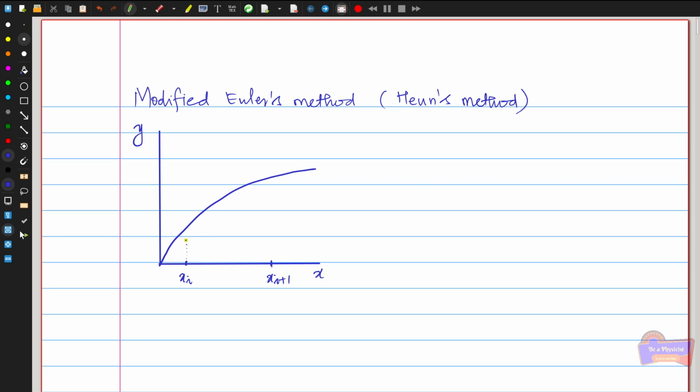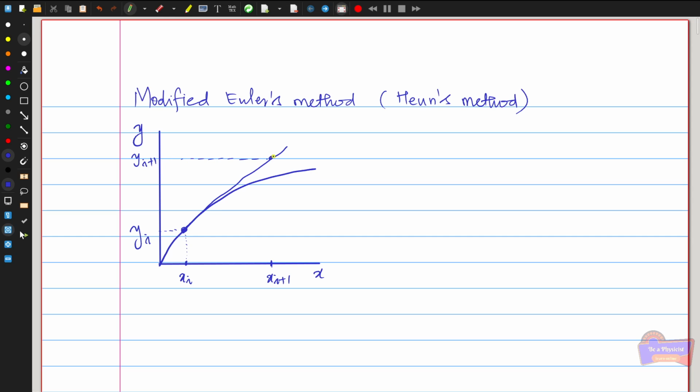We calculate the corresponding yi value, take it as the initial condition, and use linear extrapolation to find the slope. This slope meets x of i plus 1 at some point here, which is the equivalent value of y of i plus 1.